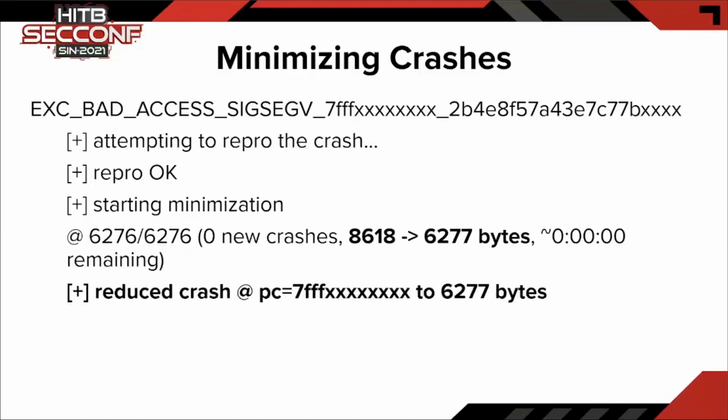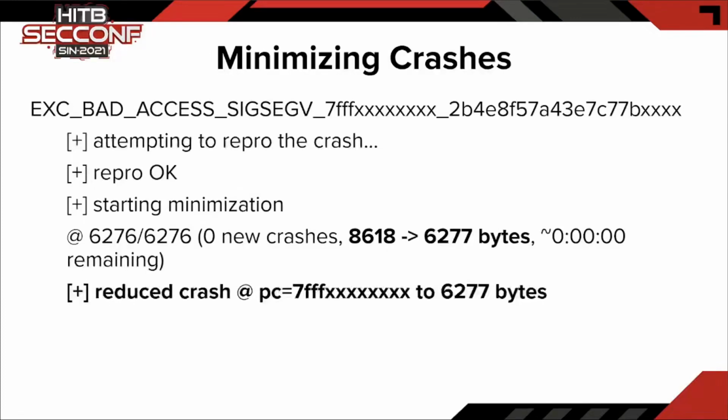So remove that byte and then go to the next one. If it doesn't crash, restore that byte, or don't remove that byte, because apparently it's important because the target didn't crash once we removed it. So the point of minimization is to get the smallest possible crashing test case. Simple byte by byte minimization just goes one at a time.